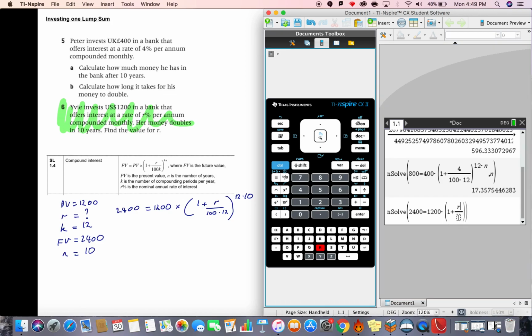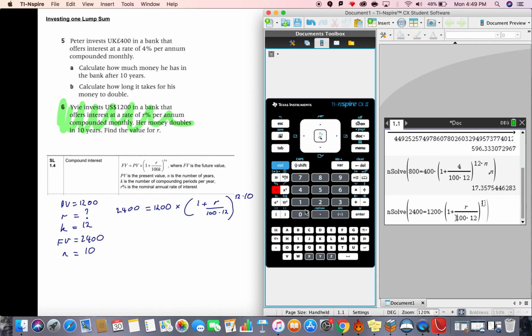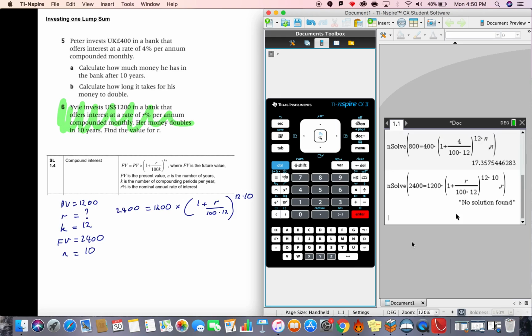R divided by 100 times 12, then right arrow, and that's to the power of 12 times 10. Comma, with respect to variable R. Let's see if it looks okay. It looks fine, and press enter. And it says no solution found.